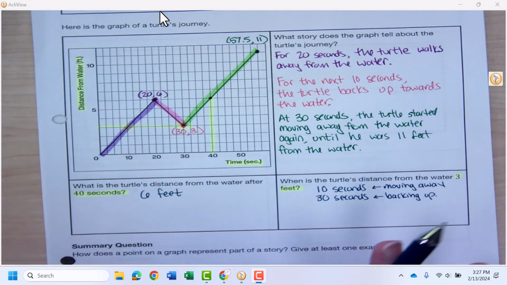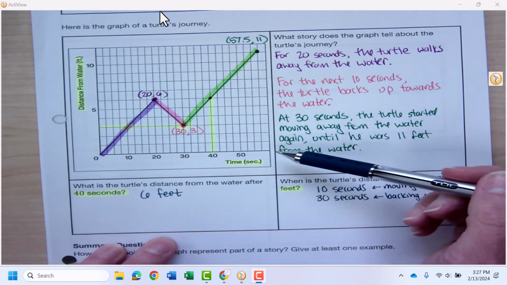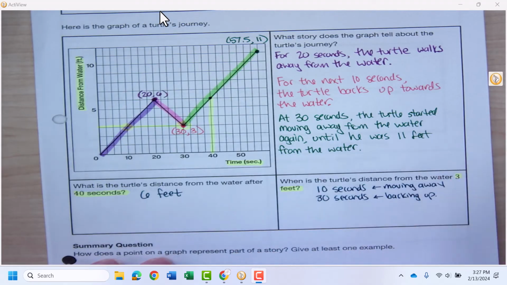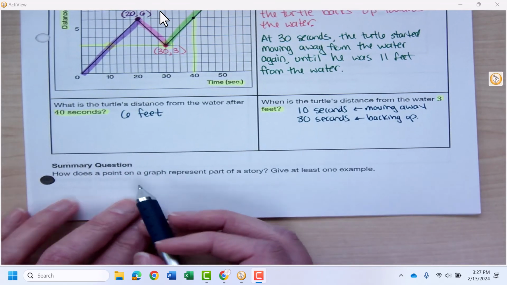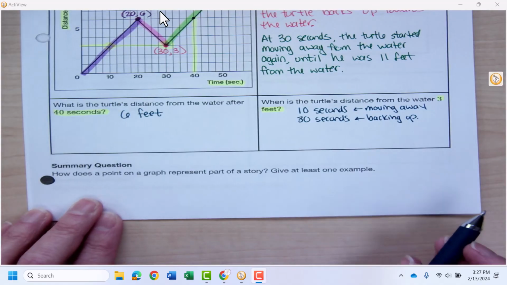So today was all just about being able to read a graph and what it told us about a scenario. Our scenario is just about a turtle walking out of the water to move towards the grass. So let's say one last thing about how does a point on a graph represent a part of the story, and let's give at least one example.